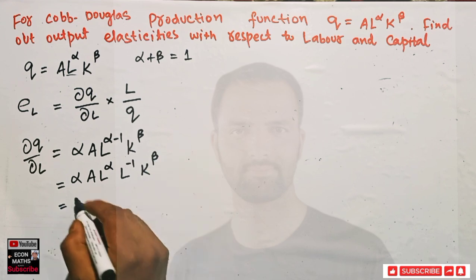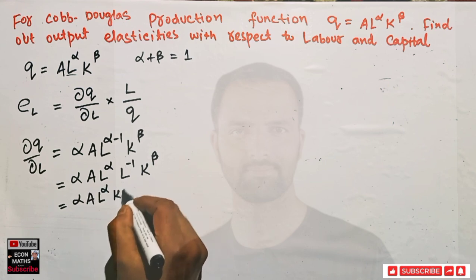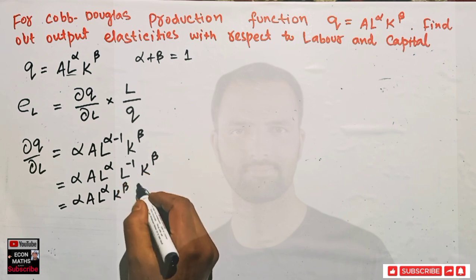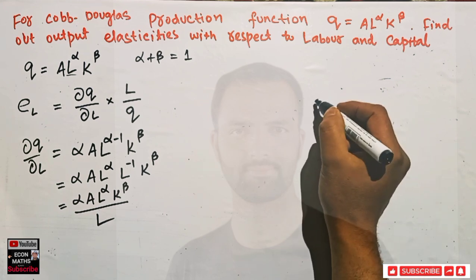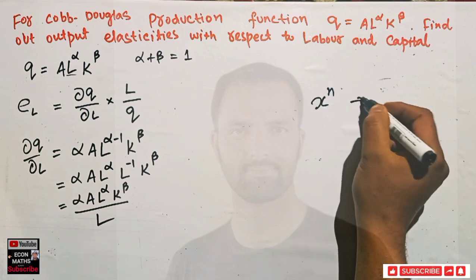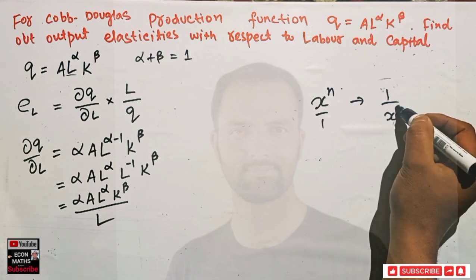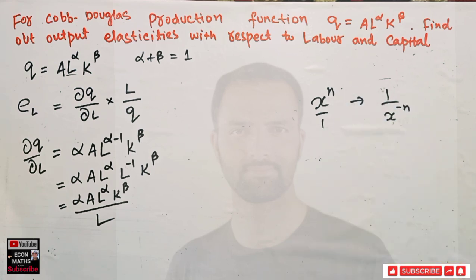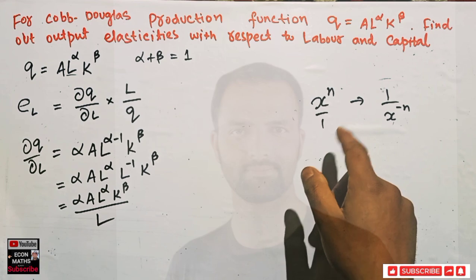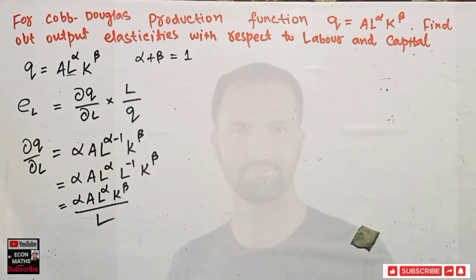We can write it like this: alpha A L to the power alpha K to the power beta, and transposing this L to the power minus 1 to the denominator, it will become plus 1, so this becomes L. If we have x to the power n, and we transpose it to the denominator, it will become 1 upon x to the power negative n. That means the sign of the exponent changes as we transpose the variable or number to the numerator or denominator. Okay, so this was about this law of exponents.